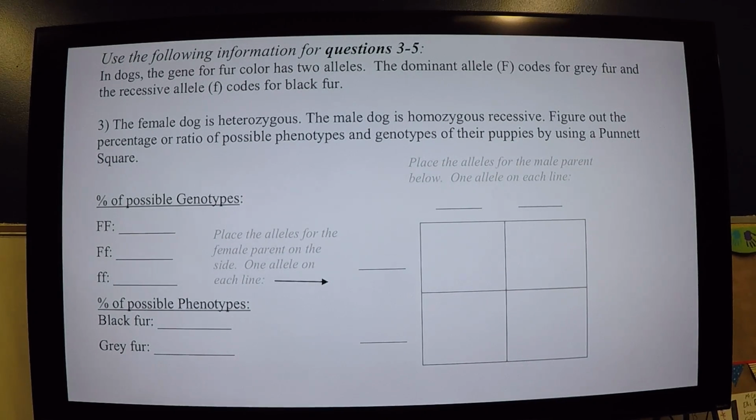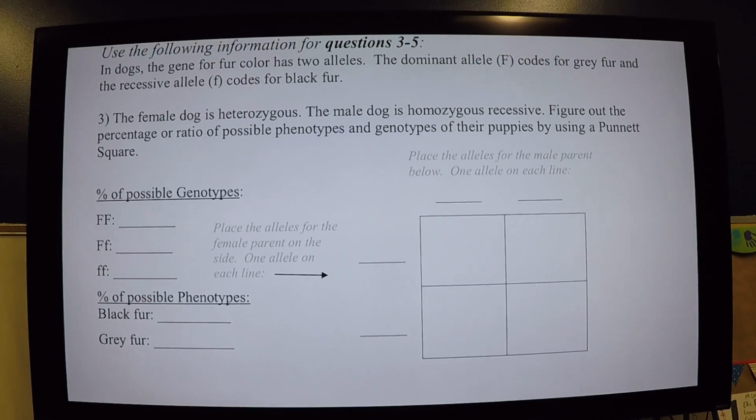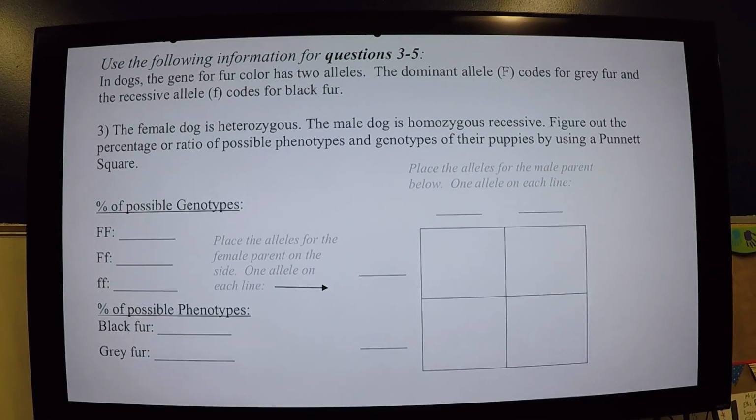I think it wants us to do the male on top. Since the male is recessive, and recessive has two lowercase letters, the dad is going to be homozygous recessive, using F, little f.